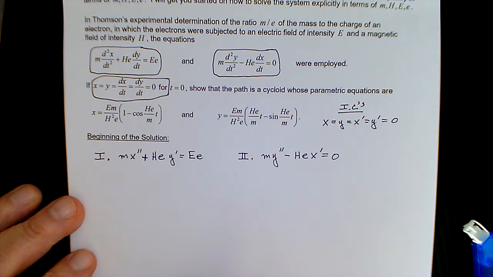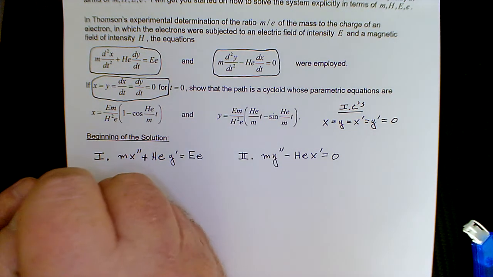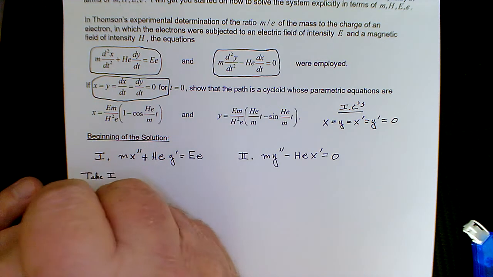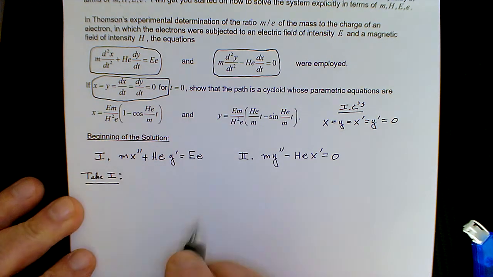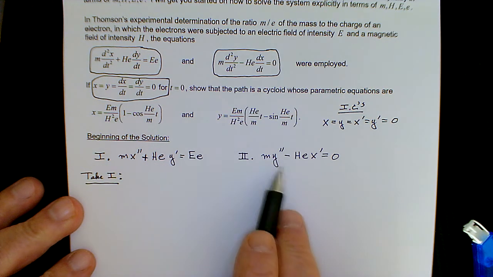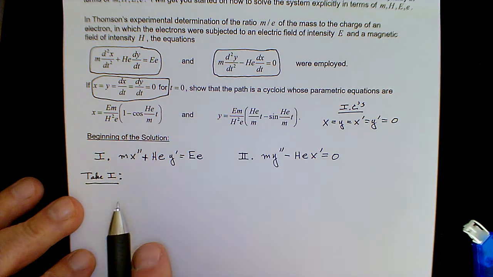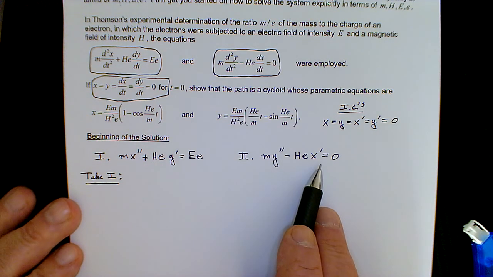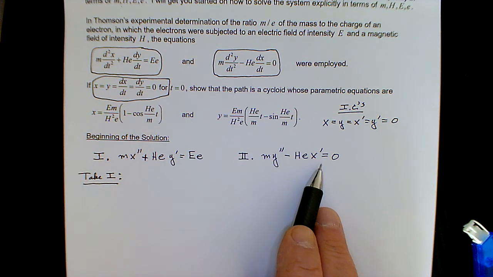To begin with, we're going to take equation 1 and solve for y prime, and then we're going to substitute into equation 2. After we find y prime, we'll find y double prime first, then we'll substitute into equation 2, and then this equation will be in terms of just the x variable and its derivatives.